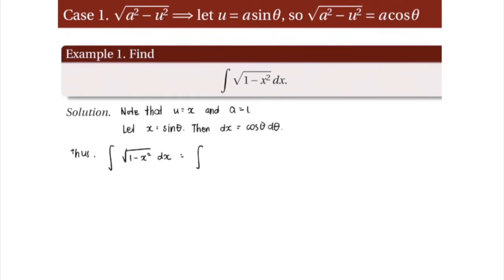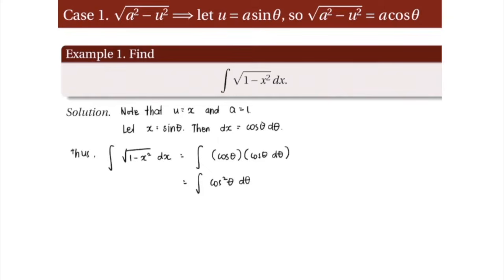So, the square root of 1 minus x squared now is cosine theta na lang. And then yung dx natin is replaced here by cosine theta d theta.